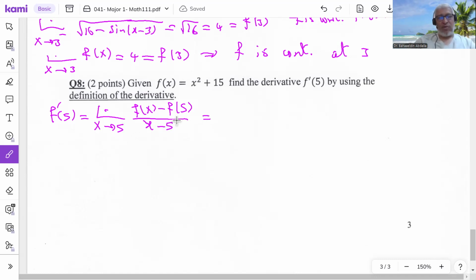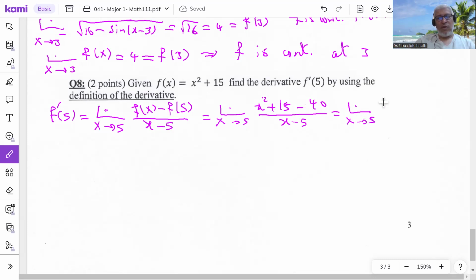So if x approaches 5, what is f of x? It's x squared plus 15. And what is f of 5? f of 5 is 25 plus 15, that's 40, over x minus 5.